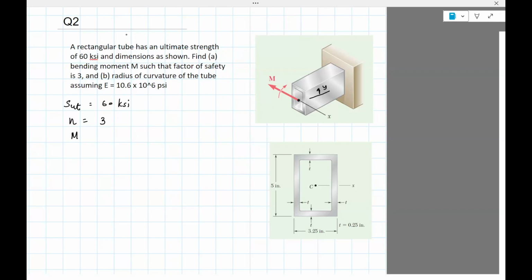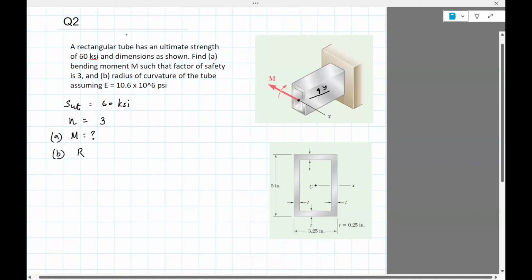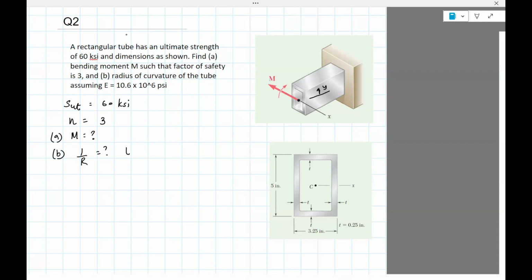So the first part, we need to compute M. The second part, we need to compute the radius of curvature. Well, the radius of curvature actually is 1 divided by r. We are given E is 10.6 times 10 raised to 6 PSI.